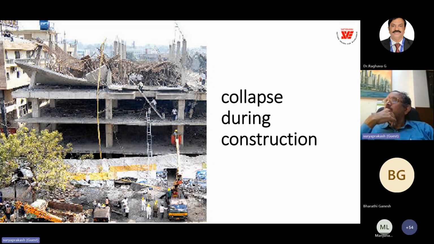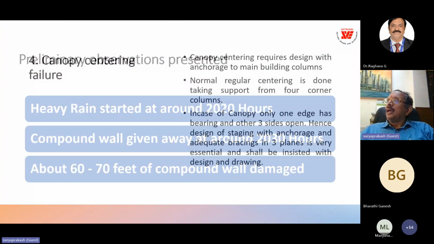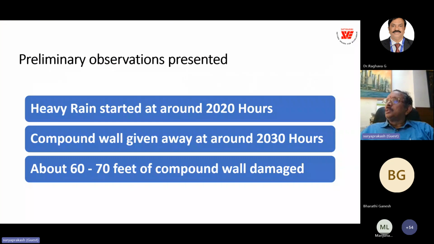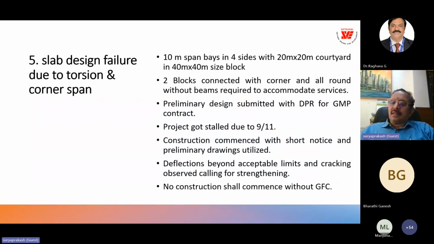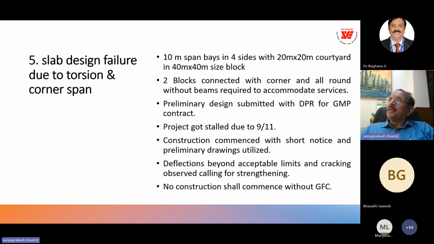This kind of collapse happens, and also a lack of proper design and bracing for the centering will cause this failure. And the canopy centering failure, as I mentioned, is due to imbalance in the shear. And slab design failure due to torsion in the corner span.